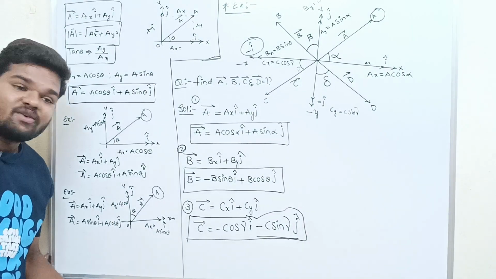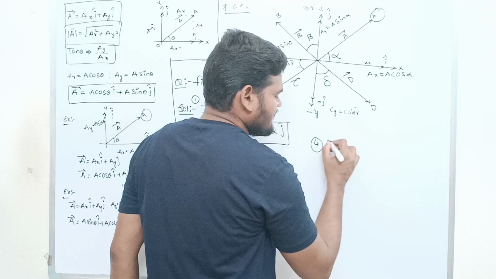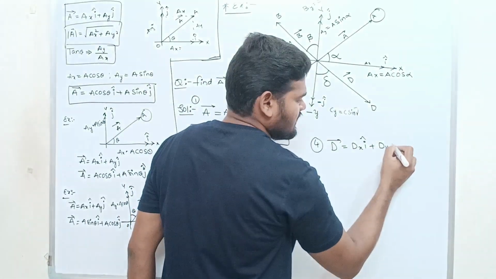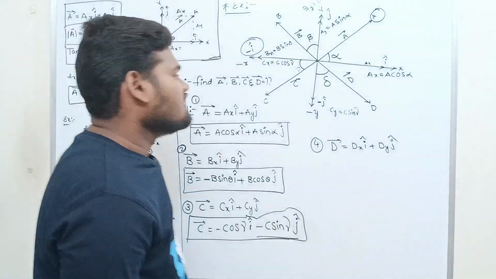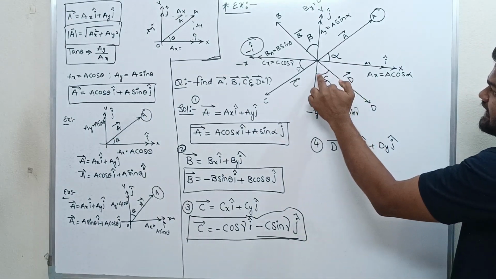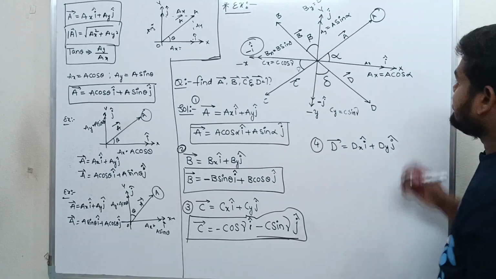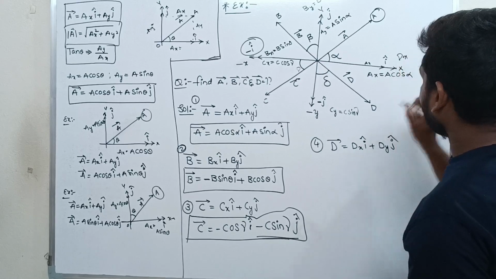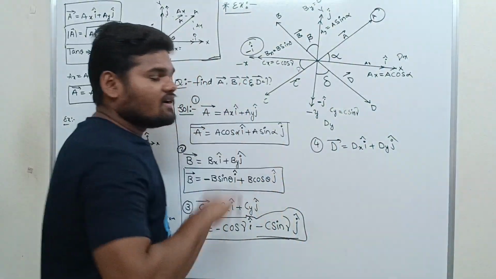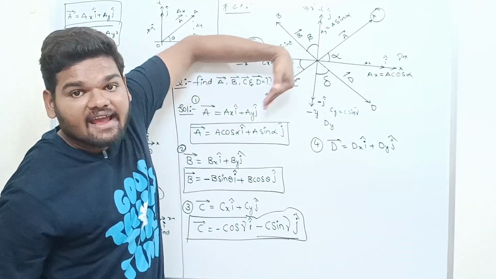Are you getting it? Now we find the D bar vector. So the fourth one. D bar vector is equal to dx I cap plus dy j cap in general. Have a look. Here we have the D bar vector, and this D bar vector is making an angle delta with the negative y-axis. Now to find dx along the x-axis, and dy along the y-axis. Now just rotate this D bar vector towards an angle theta.